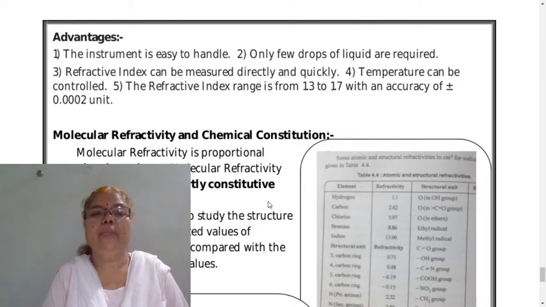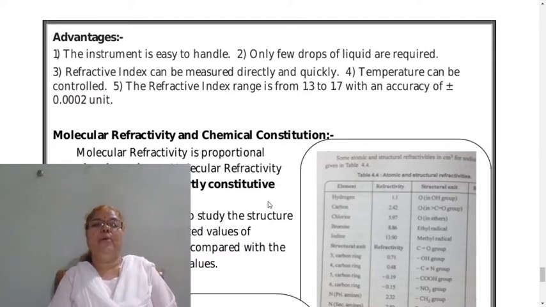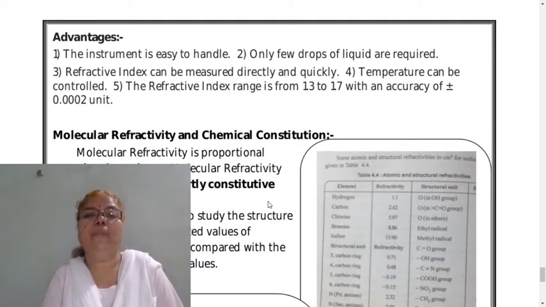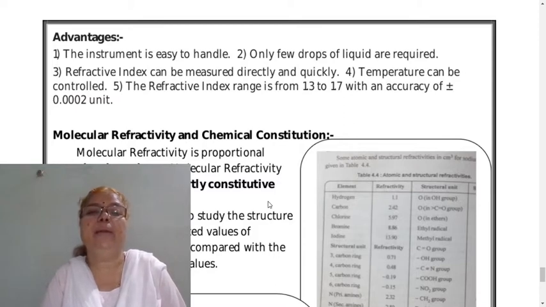Then the third physical property that you have studied is the refractive index or refraction of light, that is the Snell's law. And again you have learned how refractive index is determined or measured with the help of Abbe's refractometer.